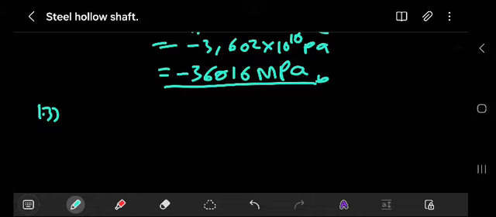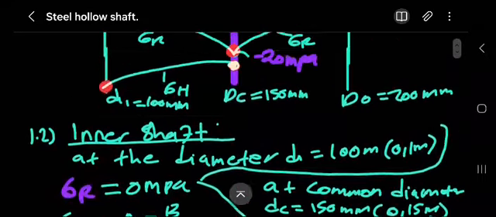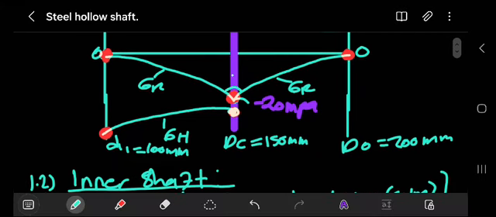What do we know at this point? We know the stress here, and the radial stress here is 0.